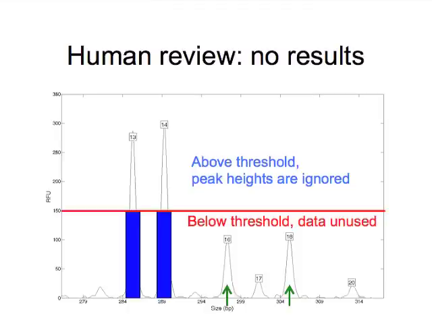A line is drawn, shown in red, where above the threshold, the data peaks are treated as if they have equal status or equal heights, and below the threshold, the data vanishes. It's not visible, it's not there, and it's just not used. So, for example, individuals having genotypes with peaks that are under the threshold would not have that data applied.